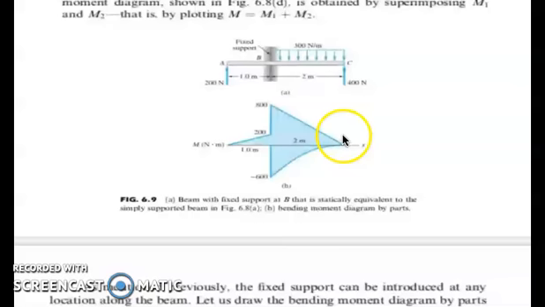Then we have 400 times 2, so that is 800. Then we have 300 times 2, which is downward, so that is negative 600. So this is now our bending moment diagram by parts. This is the second way of drawing our bending moment diagram by parts for our simply supported beam.